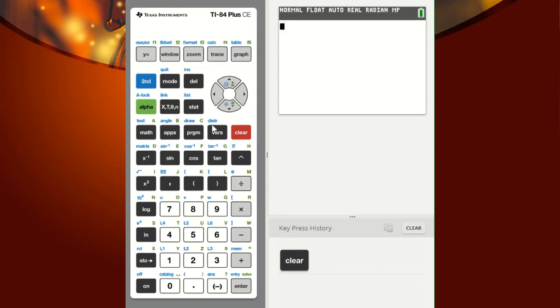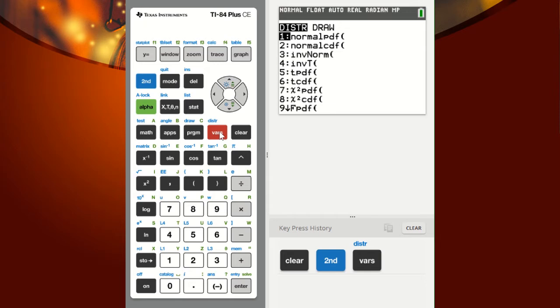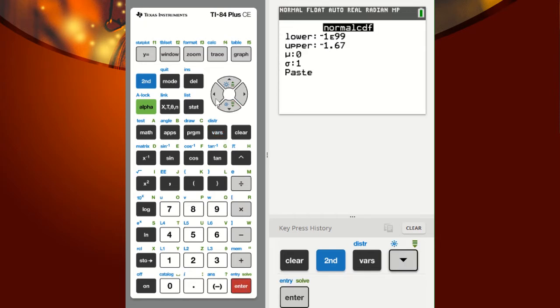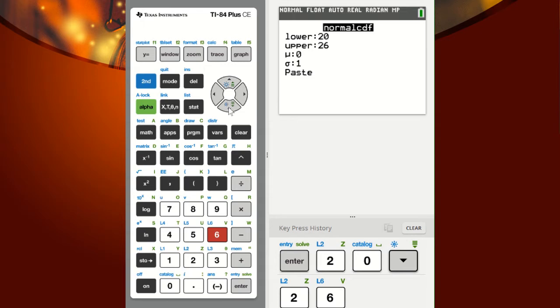So we're going to try one more time. We're going to go to distribution, so I'm going to hit second, vars, go to normalcdf again and hit enter. Let's say I want to find between two values, like between 20 as my lowest and 26 as my highest grams for gerbils.